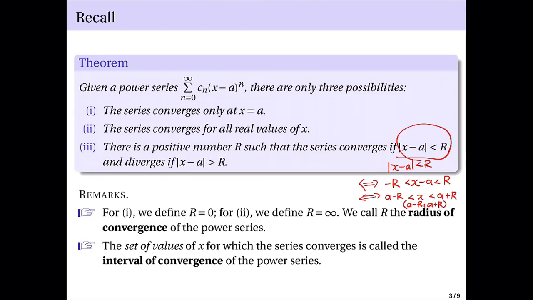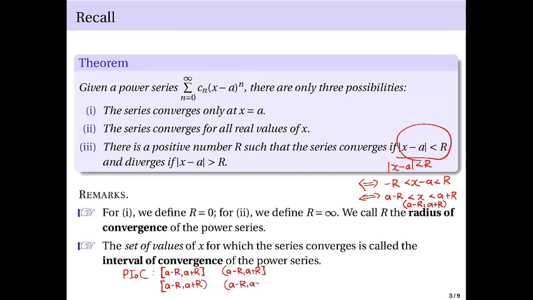So the possible interval of convergence, okay, IOC. So there are four possibilities. You have the closed interval [a minus r, a plus r]. You also have the half open interval [a minus r, a plus r). The other half open interval here, (a minus r, a plus r]. And then finally the open interval (a minus r, a plus r).